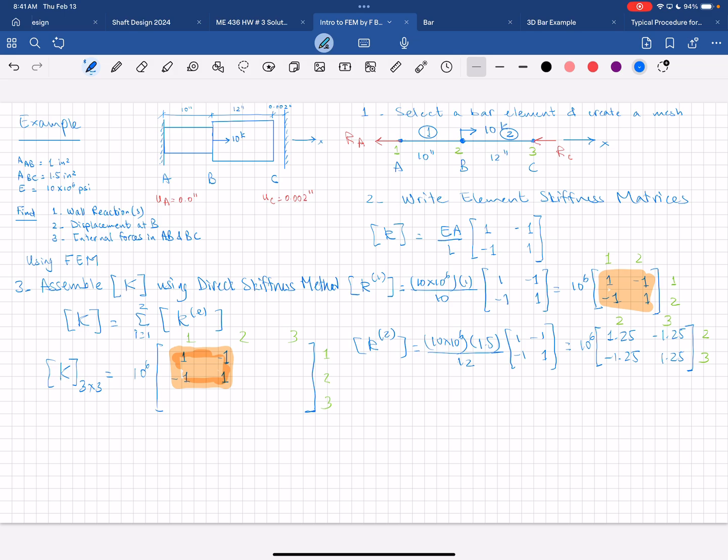Next, I'm going to superimpose the stiffness matrix for element 2. So I'm going to come here and look at my first entry. I have a plus 1.25, row 2, column 2. So I'm going to come here and put a plus 1.25. And here I have a minus 1.25, here a minus 1.25, and here a plus 1.25.